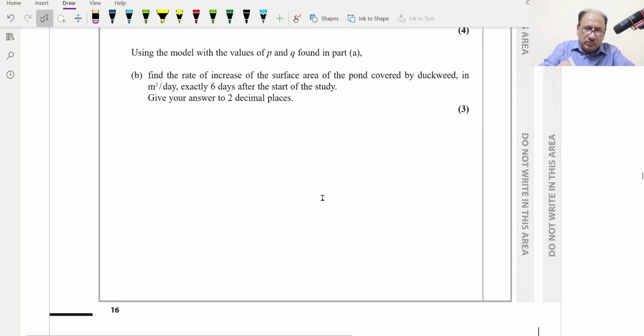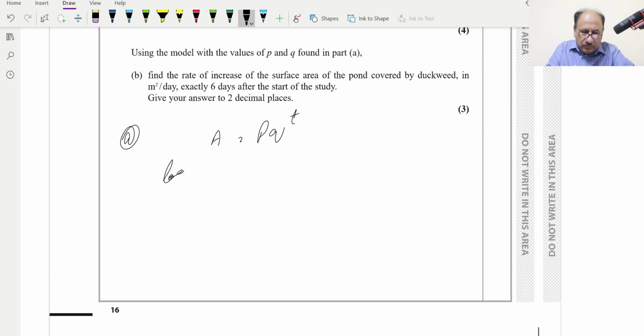So we can use the given equation. The given equation is A is equal to p q raised to the power t. We can take log with base 10 on both sides.